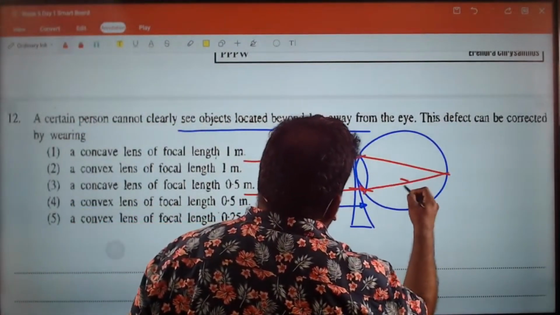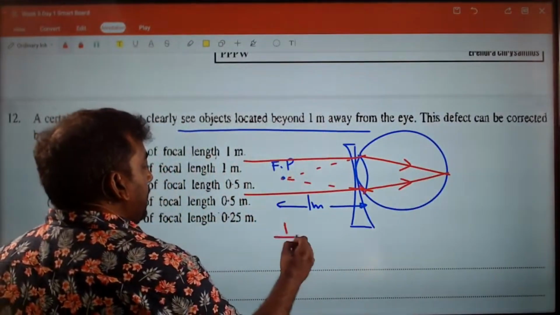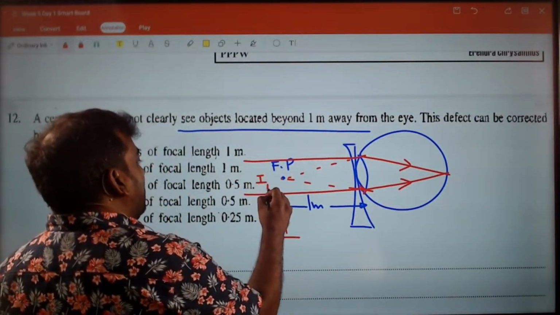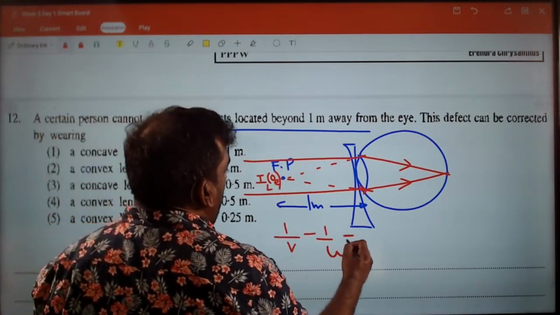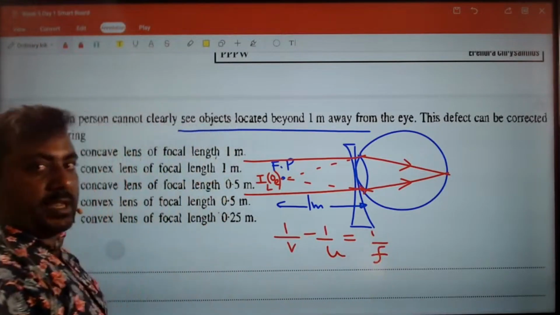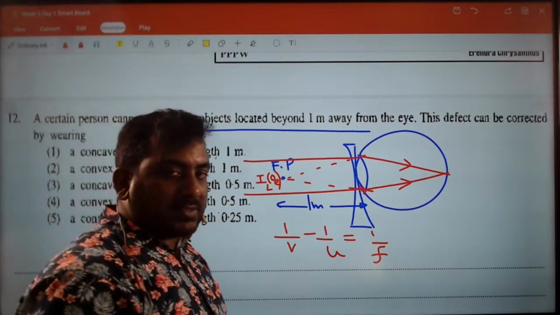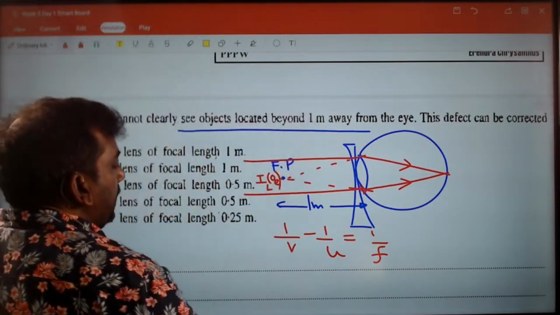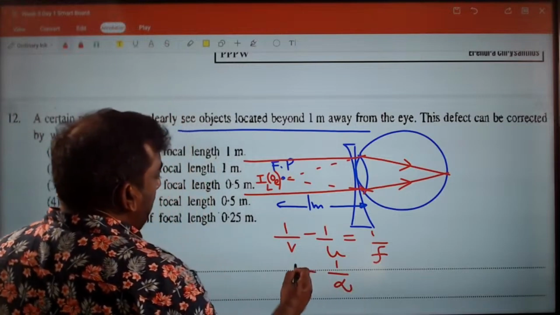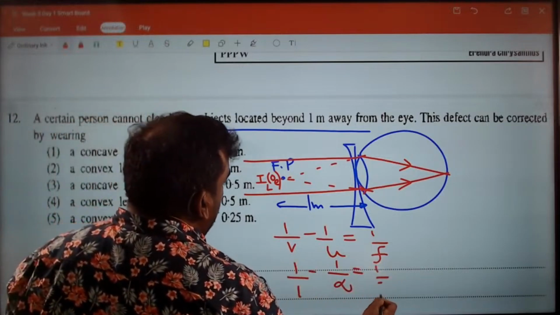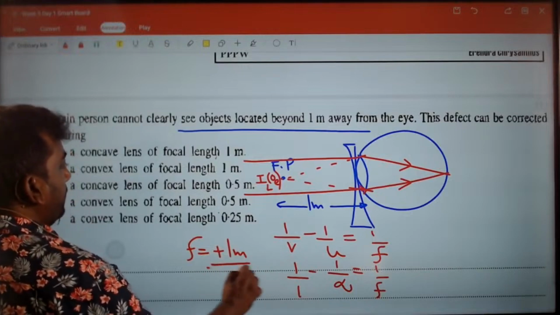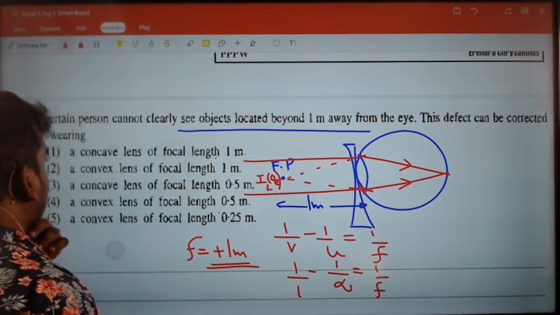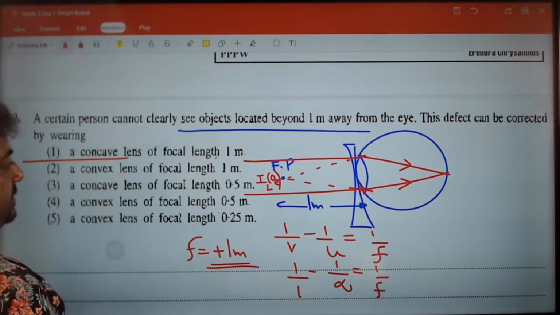So the image from the lens is the object for the eye. 1/v minus 1/u equals 1/f. Object is at infinity, image is formed at 1 meter. The focal length of the lens is equal to minus 1 meter. Minus 1 meter means concave lens. Answer number 1.